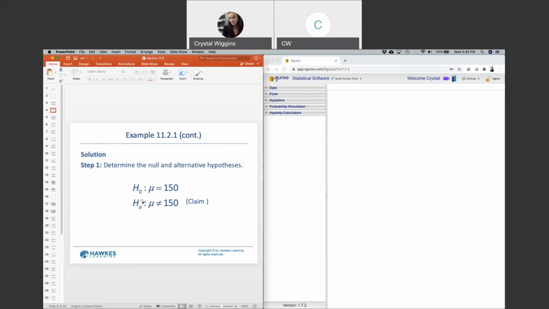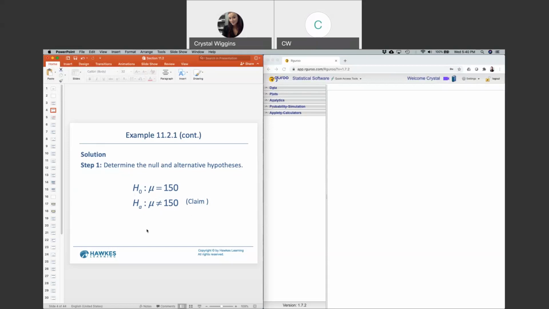The null hypothesis, it's really important that it has an equal sign, as this statistical test is designed to test that equal sign. And so we have two conclusions during the test, which we'll see. The conclusion on whether to reject or fail to reject the null hypothesis, and then the conclusion on the claim. Now, the claim is decided based on the wording of the test.